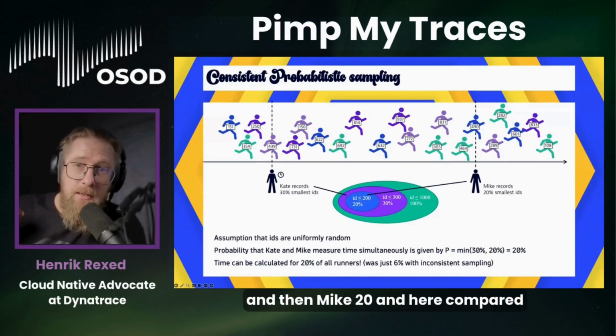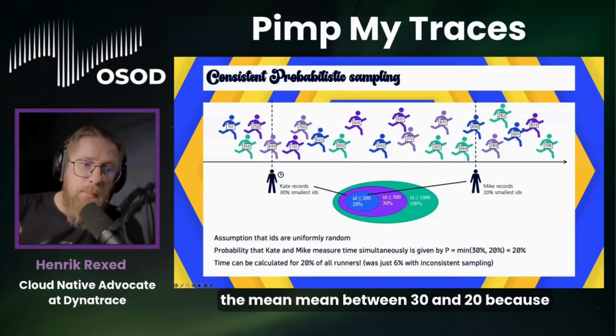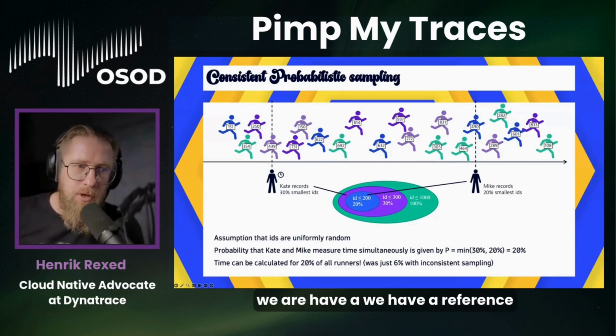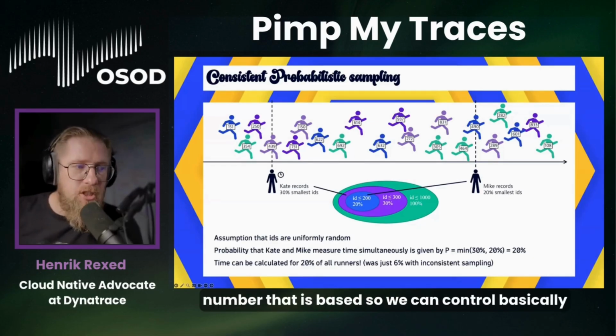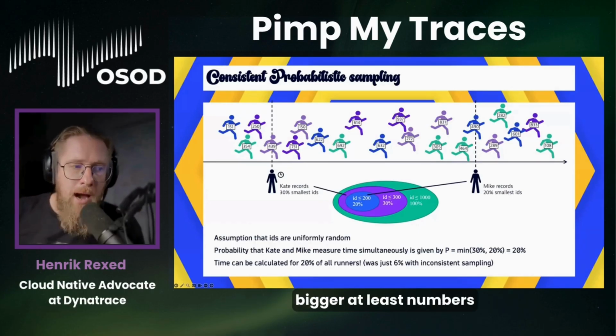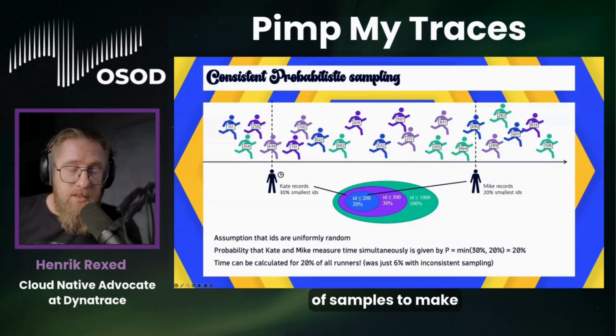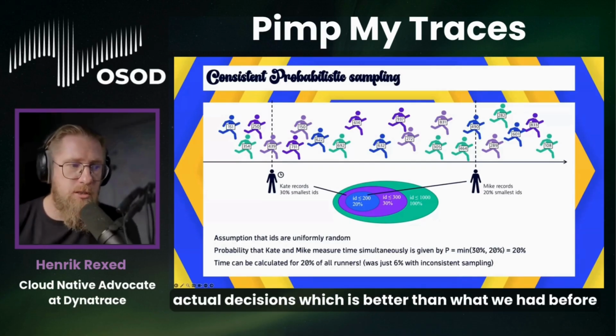And compared to the previous example, we are actually getting the mean between 30 and 20% because we have a reference number, so we can control how we sample. And at the end, we get a bigger number of samples, at least, to make actual decisions, which is better than what we had before.